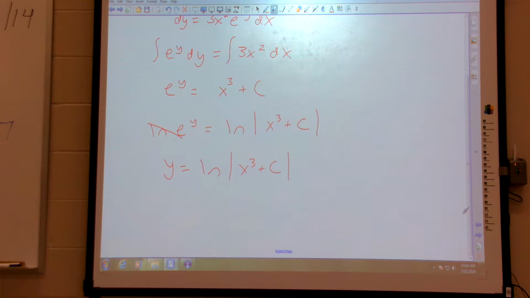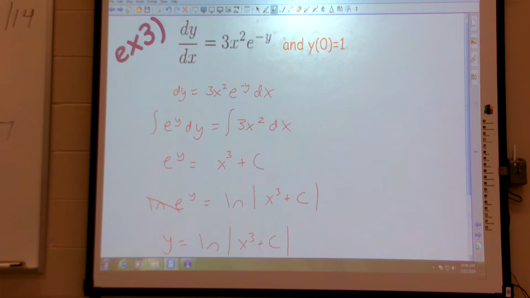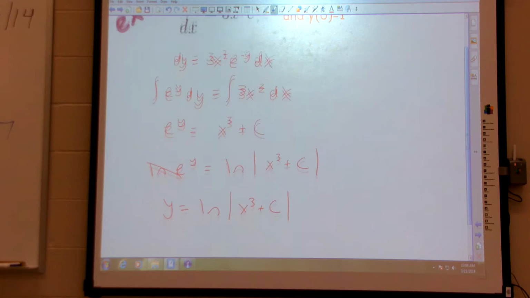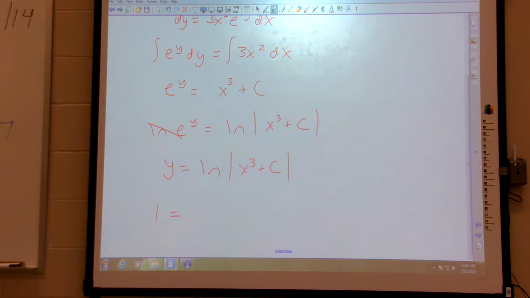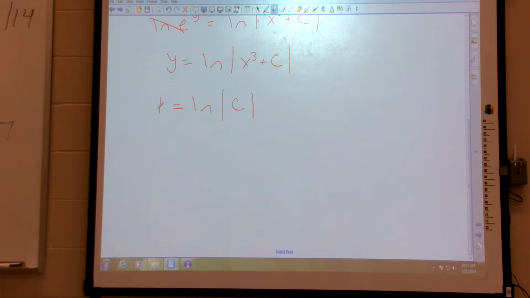So I've solved the problem, but now I need that initial condition. So it was x is 0, y is 1. So that gives me natural log of c equals 1. And how do you solve that? E to the both sides, right? This will cancel.